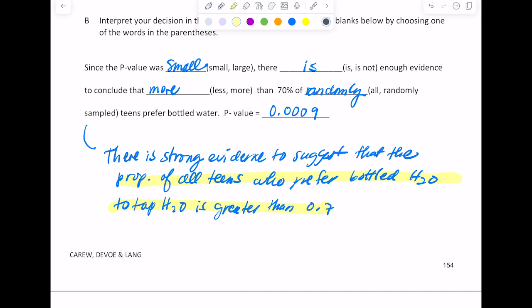If the p-value is less than your alpha level, you reject the null, and you say there's strong evidence to suggest, and then you mention your alternative hypothesis. If your p-value is greater than the alpha level, then you don't reject the null, and you would say there is little evidence to suggest, and then you mention the alternative hypothesis.